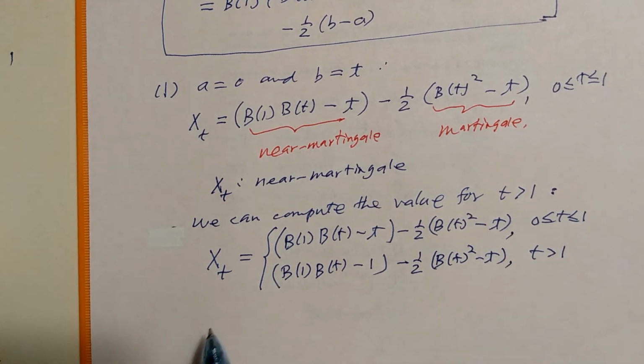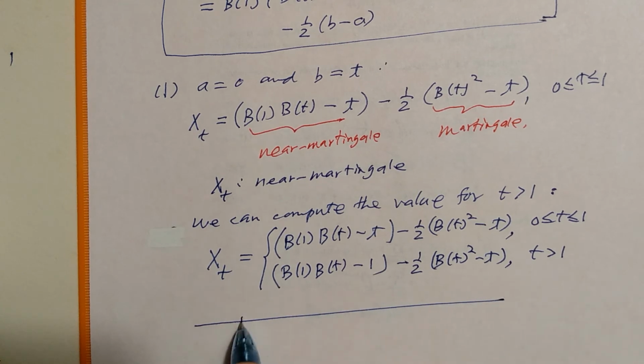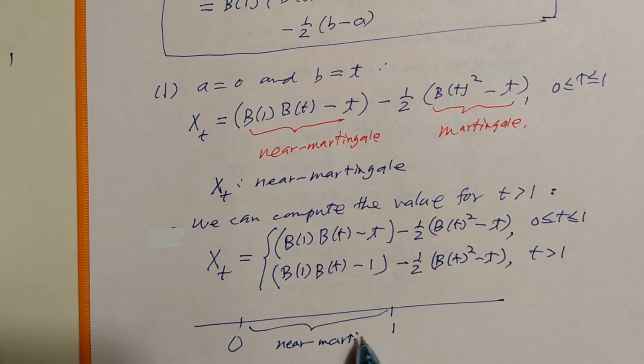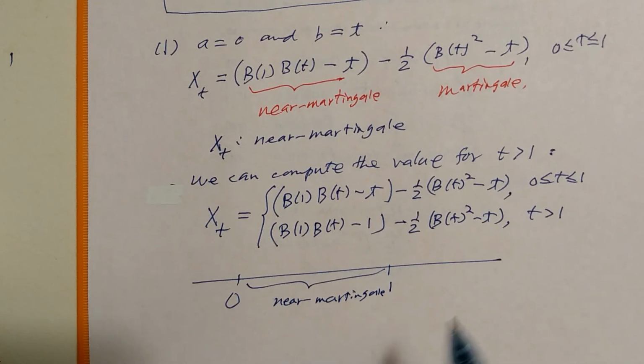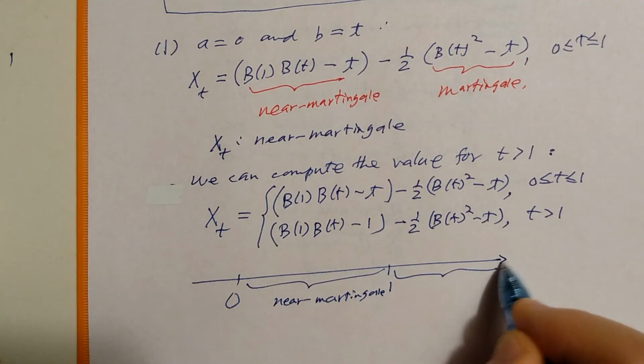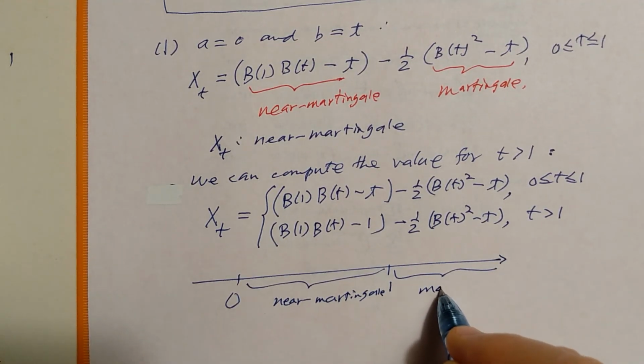And again, we have a situation like that, 0 to 1. Over here is a near martingale, and over here is a martingale.